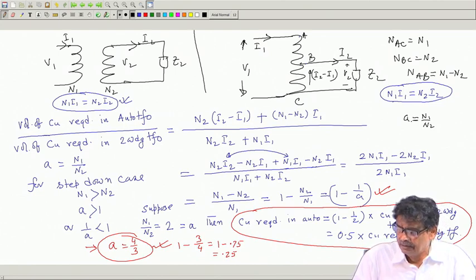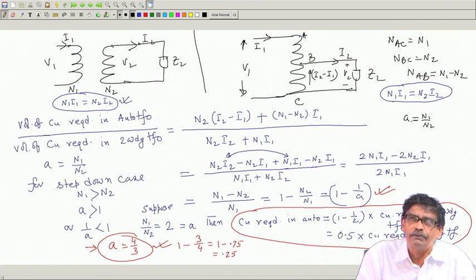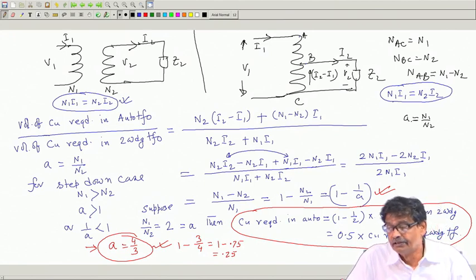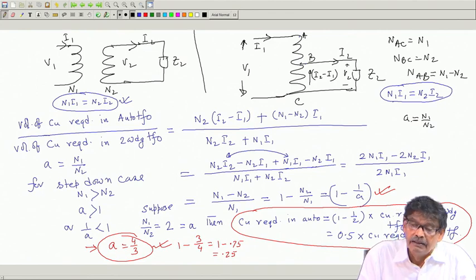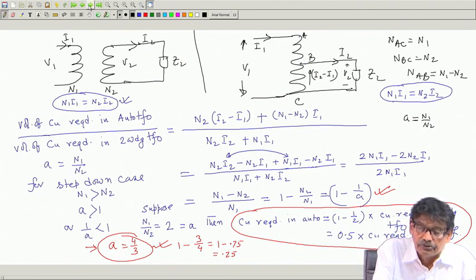Then we argued that if that be the case, then it should be only auto transformer all along. Two winding transformer should not be used. What is the fun? Because you will always be saving copper to transmit the same kVA from the source to the load side at two fixed different voltages. Same job can be done by an auto transformer, but there were further issues.